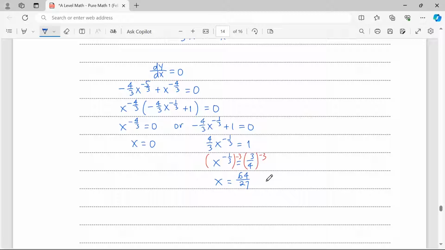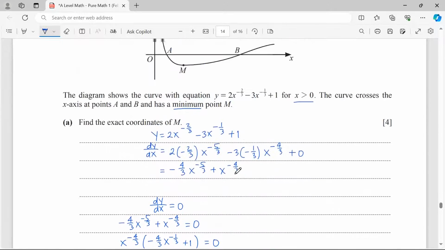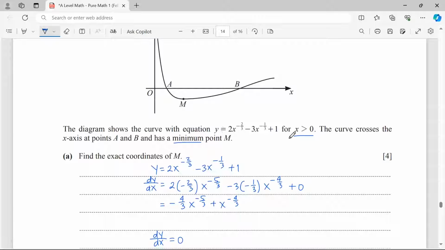Now in order to get the y coordinate of M, you just need to substitute this value into the equation of the curve.